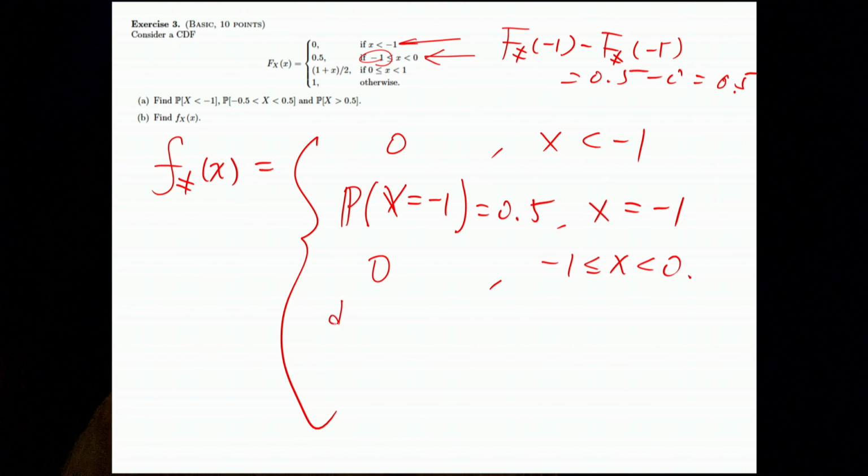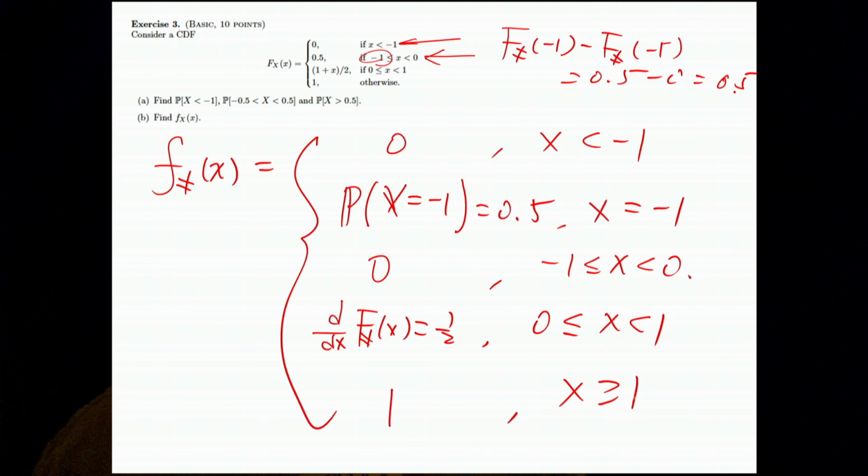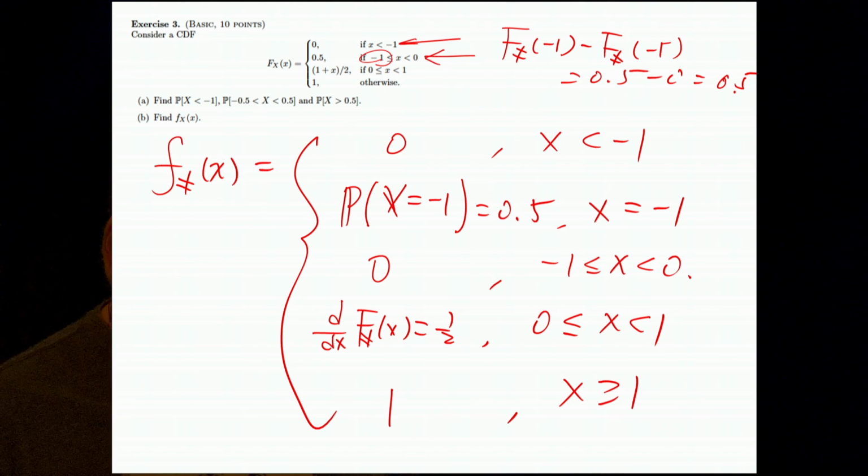So here I just take the derivative of the CDF, which is 1/2. It's from 0 to 1. After 1, it's still 1. X is greater than 1. It's continuous here, not continuous here.